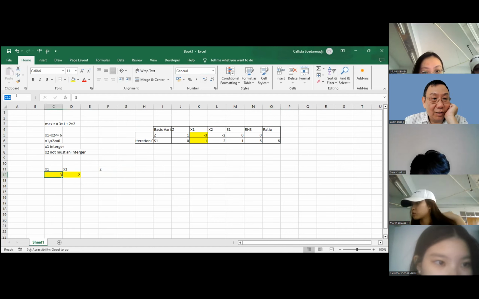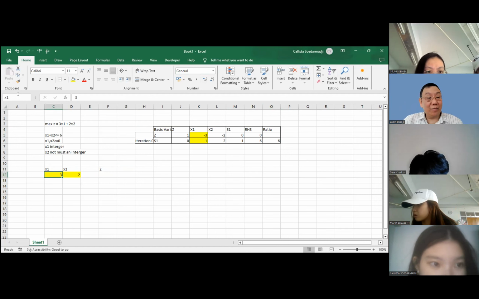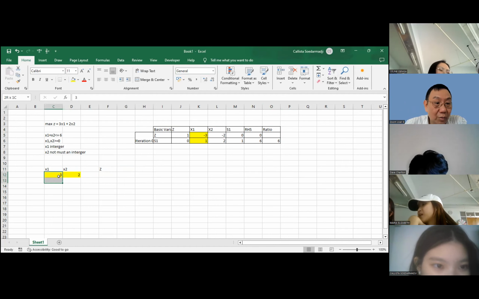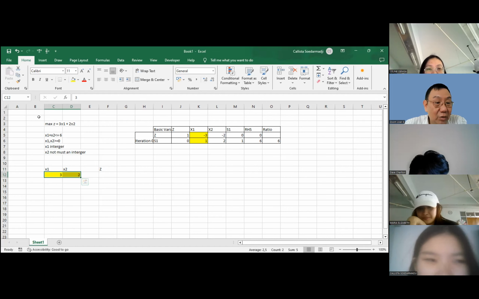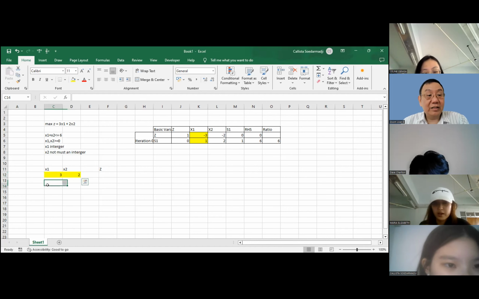No, you highlight everything from C11 to D12, including the variable name. Up a little bit. C11 to D12.